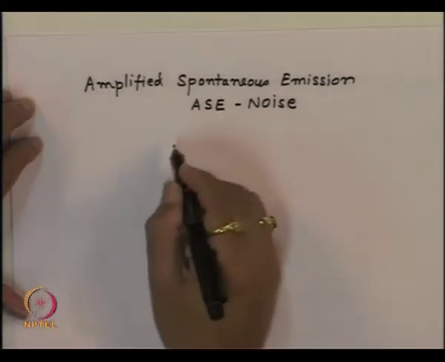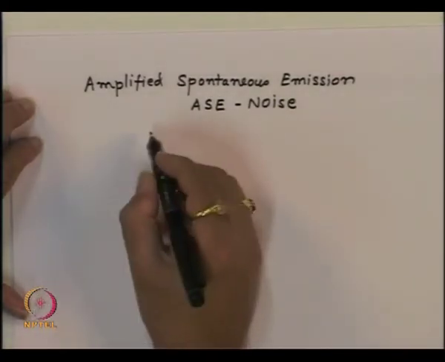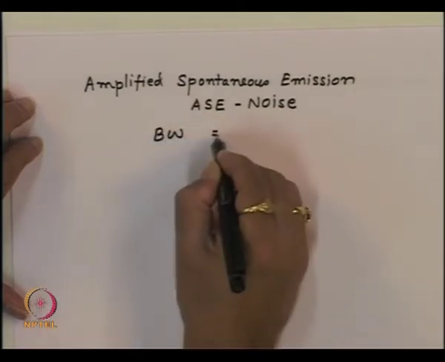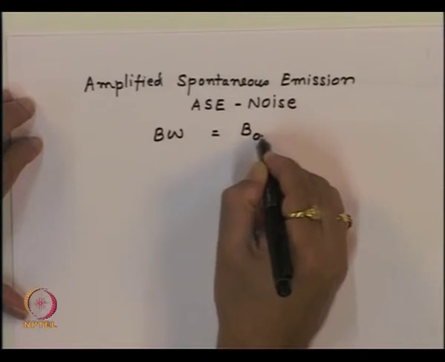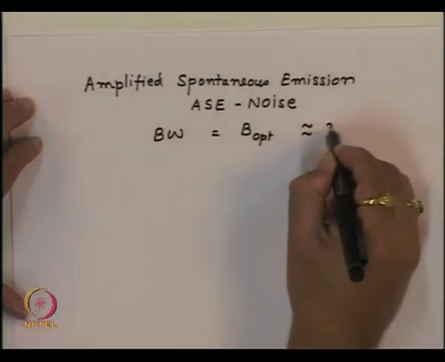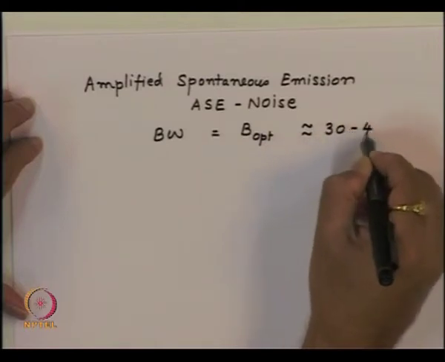The typical spectrum for this will have a bandwidth, let us call it B optical. This is typically of the order of about 30 to 40 nanometer.